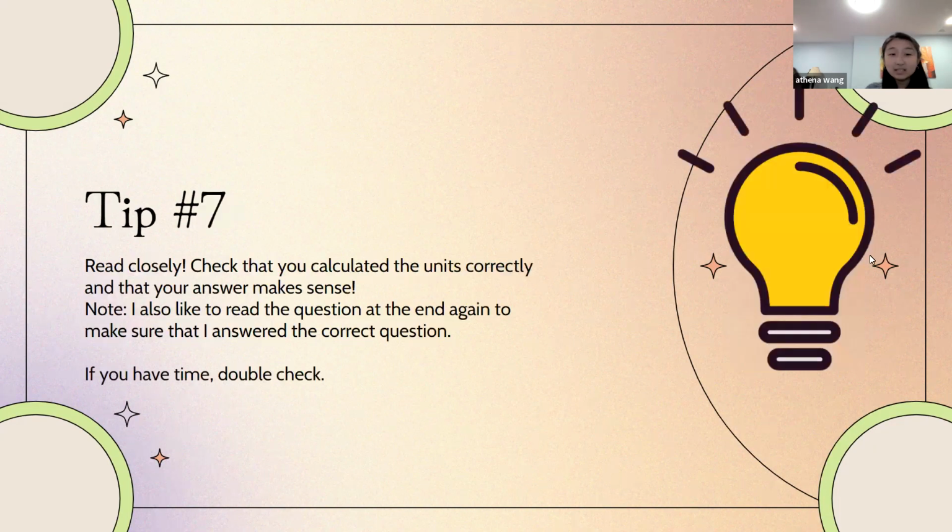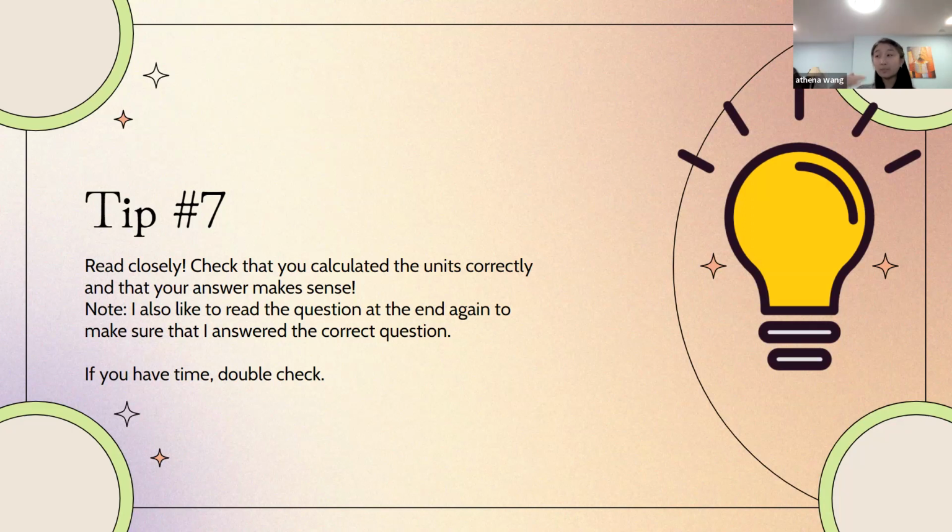Okay, so tip number 7, read closely. Again, this is about the units and conversion, and make sure you calculated the units correctly. One easy way to check if you did it correctly is to make sure that it makes sense in the problem.